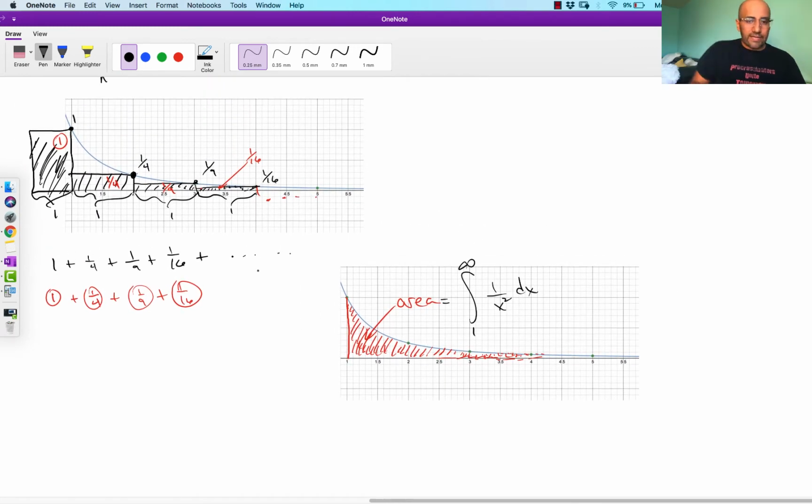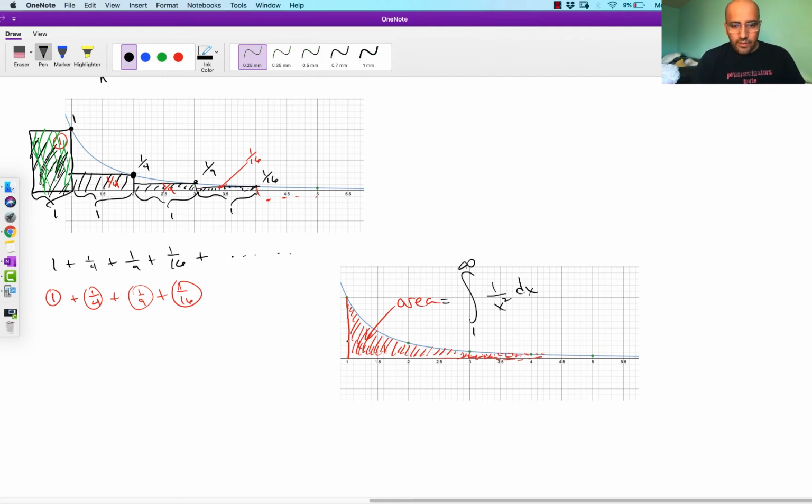Let's make this first rectangle special, because it extends out to 0 and the integral doesn't work there. But starting with rectangle number 2, number 3, from this point forward, the rectangles are right over here.